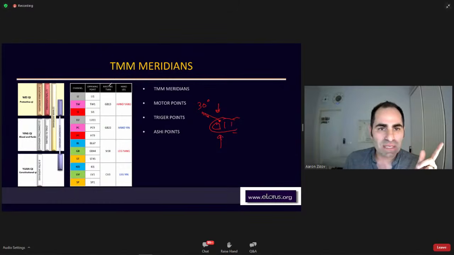So this is about, we have also meeting TMM. The meeting TMM will be, as you can see here, connected to the 3 hand-yang meridians. Instead of puncturing 3 points on 3 meridians, I can use just gallbladder 13 and affect these 3 hand meridians.